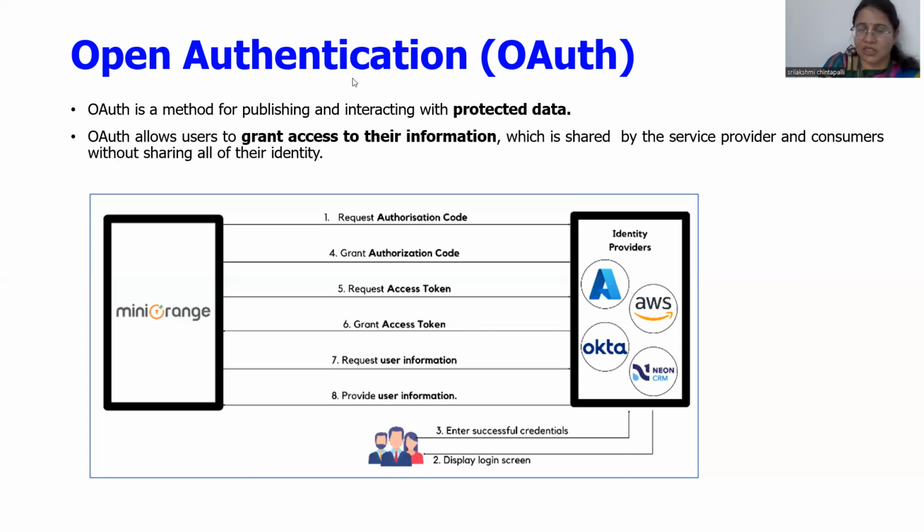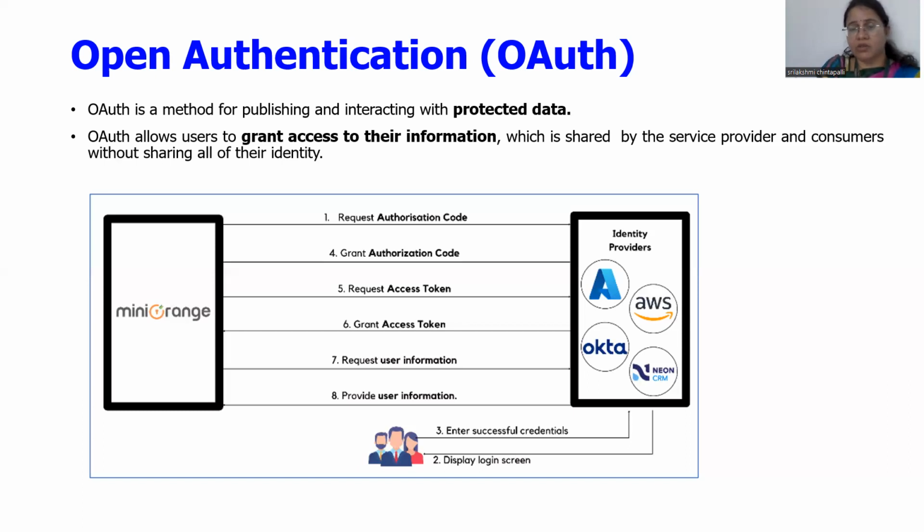Based upon that, they generate one authorization code, then they generate one token, and then they will provide one certificate kind of thing saying that this user is genuine or not genuine. If it's genuine, you can grant your information, or you can grant your services, or you can allow them to use your services. Some kind of certificate will be given. Once that has been given, the cloud providers will share the information with the users, or they will allow the users to access their resource.